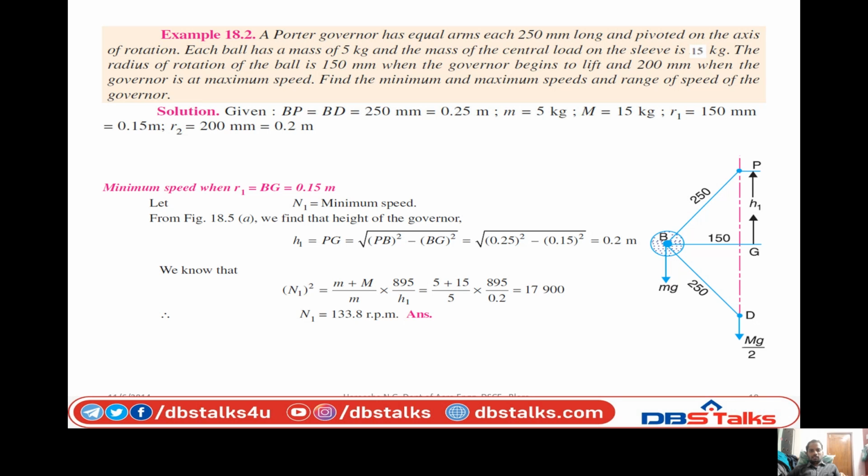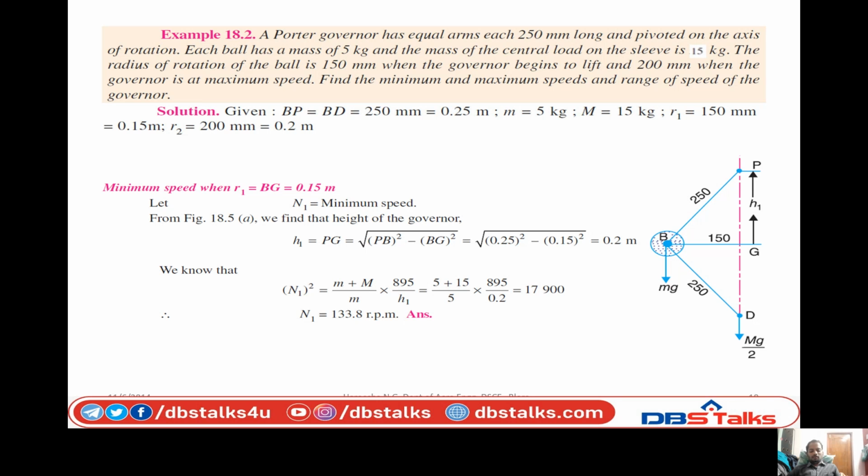Next, we know the relation: speed N1 square is equal to small m plus capital M by small m into 895 by h1. That is equal to small m 5 kg plus capital M 15 kg by small m 5 kg into 895 by h1. h1 is nothing but 0.2.